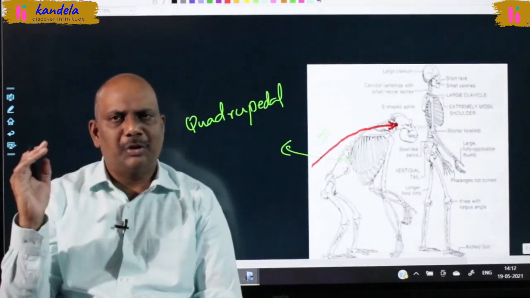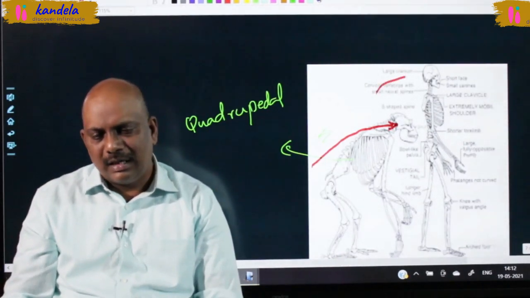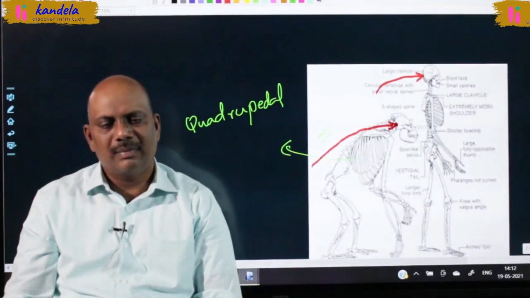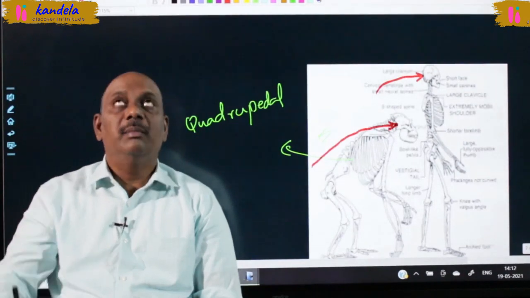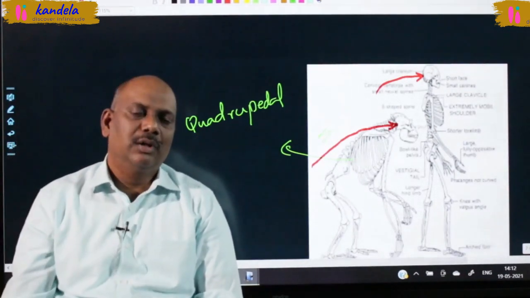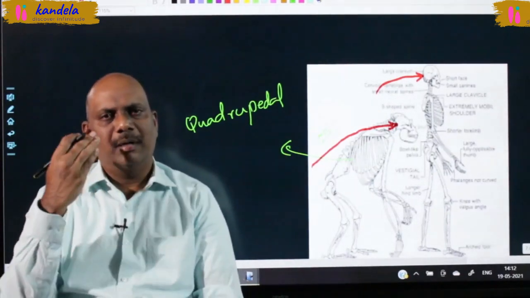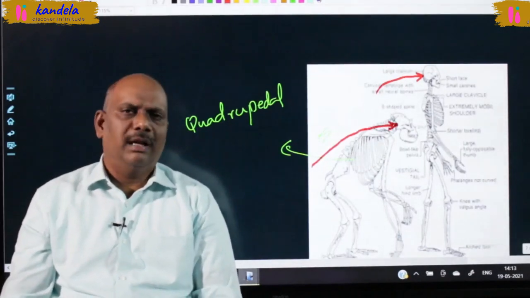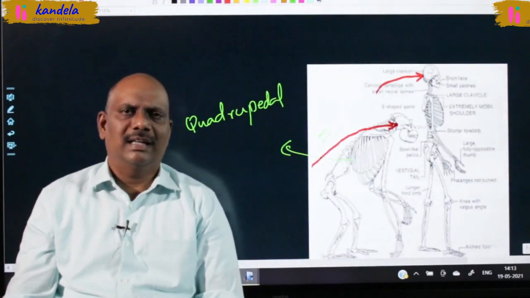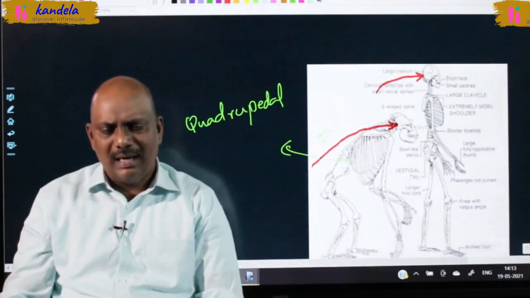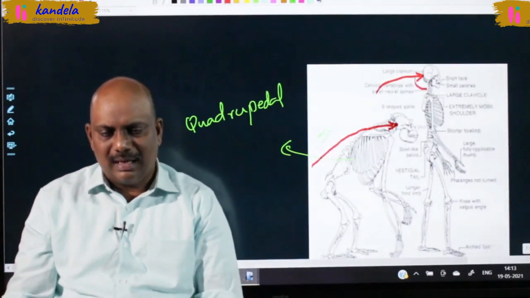But after getting erect posture, if our foramen magnum still remained here and our vertebral column were straight, we would be facing the eyes upward. So in the course of evolution, from quadrupedal we got bipedal locomotion over a period of a few million years. It took 40, 50, 60 lakh years for us to get this bipedal locomotion. And in this process, slowly the foramen magnum descended and came down.